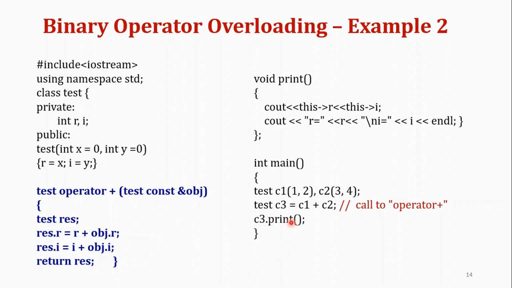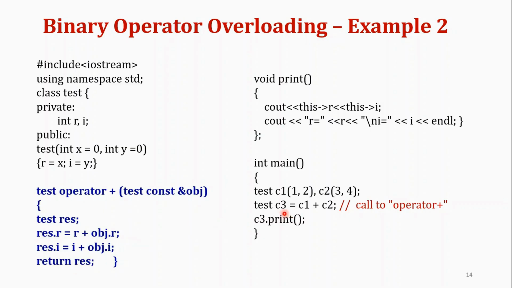The C3 object would be C1 plus C2. So C2 will be given to obj and C1 will be taken as implicit. So res.r would be C1.r plus C2.r. Similarly, res.i would be C1.i plus C2.i. So the respective r values are added and given to res.r, and the respective I values are added and given to res.i. So I'm returning res to C3.